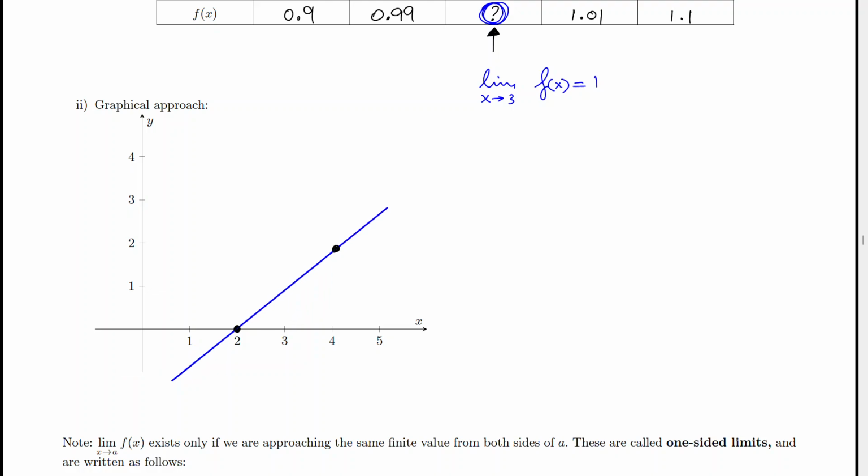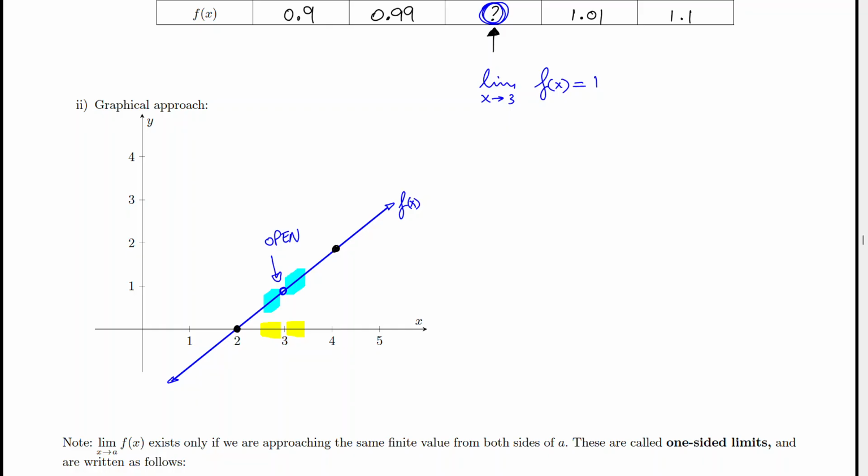Keep in mind the line has a hollow point at 3, so this is an open point, and that's why we are interested in finding the limit as x approaches 3. So the function is some random line, and it does not have a y-coordinate when x equals 3 because the point there does not even exist on the graph. So again, the idea is to use the numbers before 3 and after 3 to make a prediction about the y values on the curve.